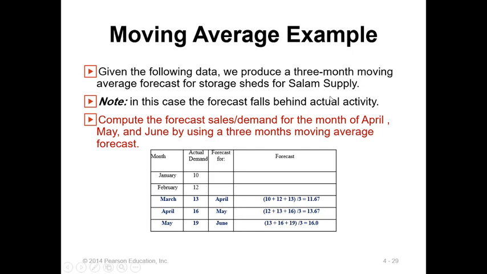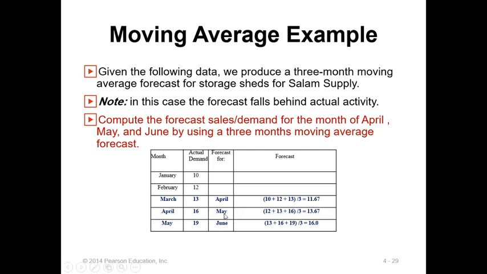Here in our question, he's asking us to make a 3-month moving average. That's why if you want to forecast the demand for the month of April, then you have to sum the demand for the 3 previous months, which is March, February, and January. You just add the 3 of them, 13 plus 12 plus 10, divided by 3. Then we will have 11.67, our forecasted demand for next month, which is April.